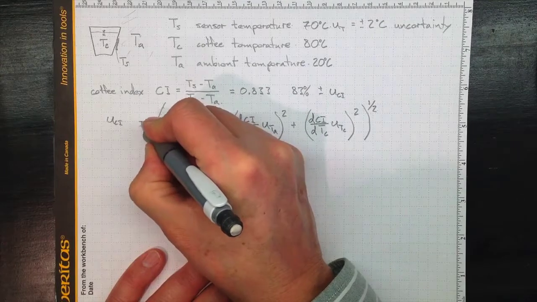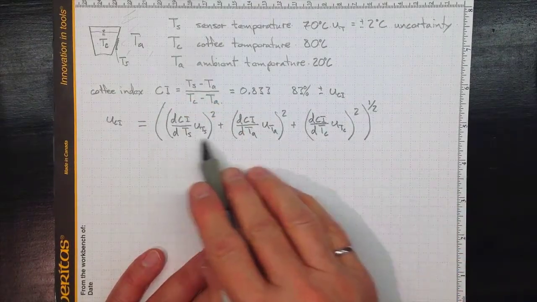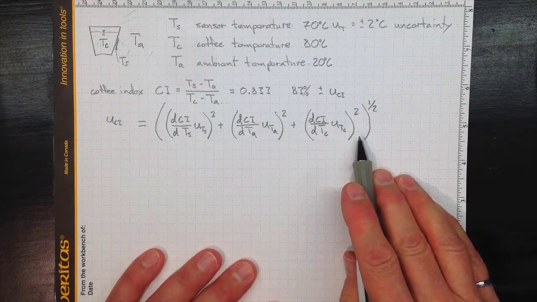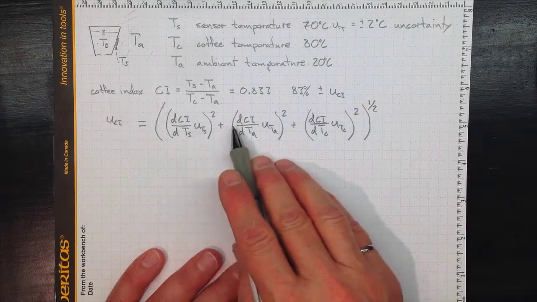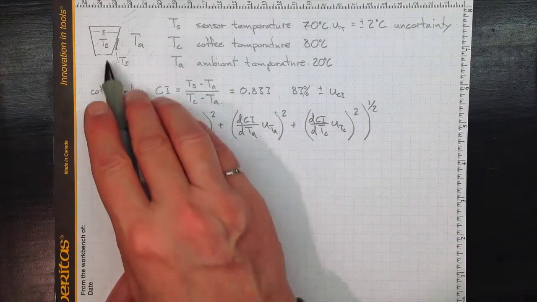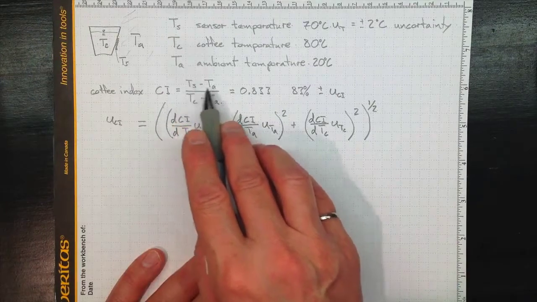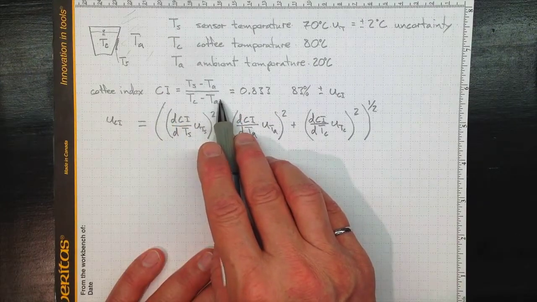And that's the formula that we developed for Gaussian normally distributed random variables in the textbook. So this gives us a way to estimate the combined effect of these three uncertainties on the uncertainty of the coffee index measurement that we've made based on three different temperatures.